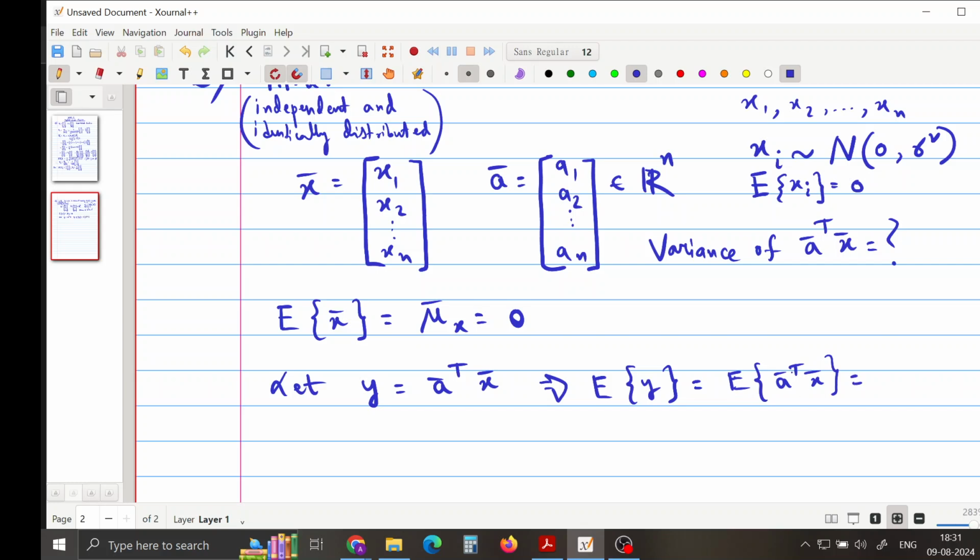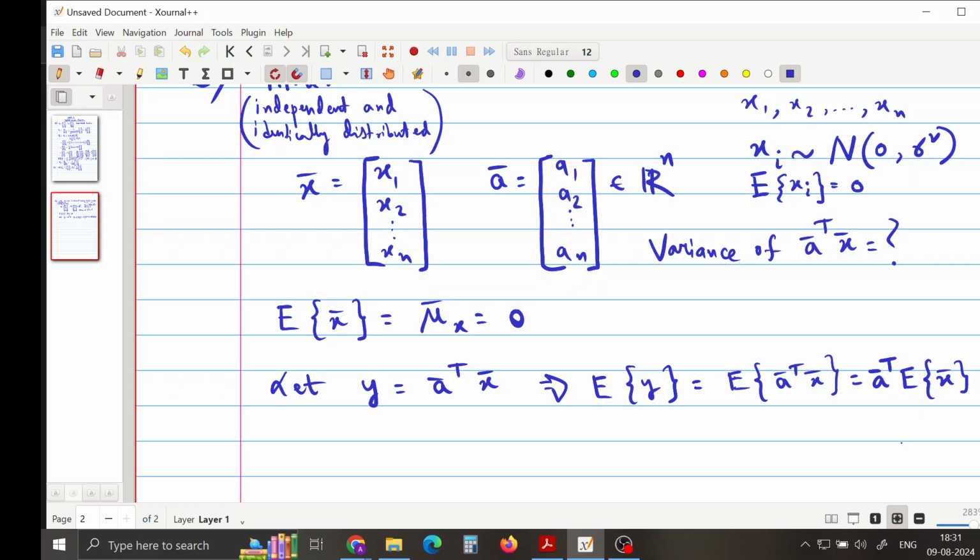This a bar transpose is just a constant vector of real entries, and the random variable is captured in x bar. So you can pull it out of the expectation: a bar transpose times the expectation of x bar.